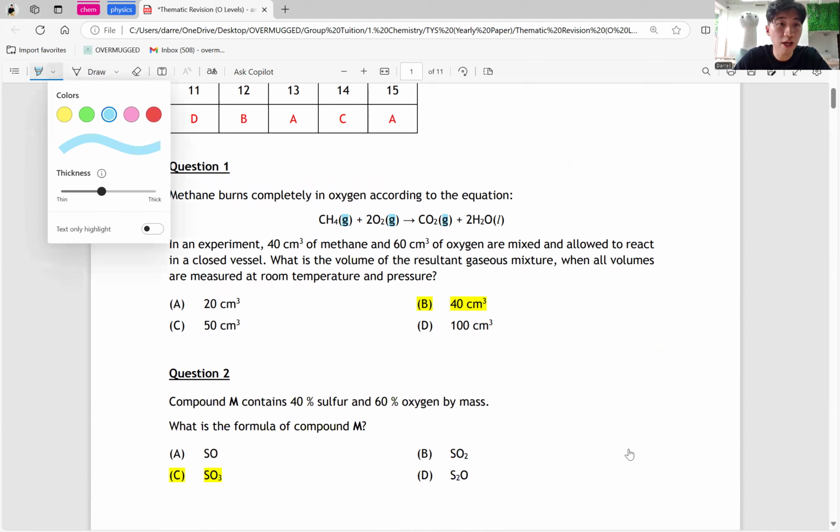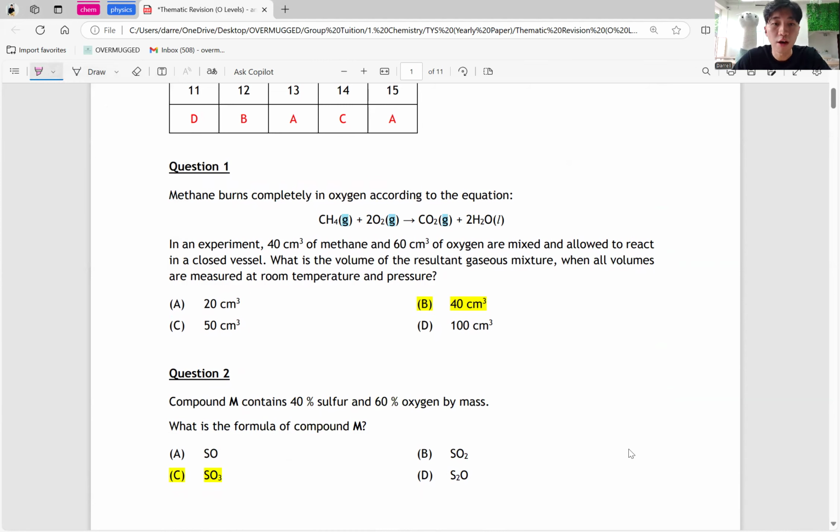Next, I want you guys to focus on the wording over here, volume of the resultant gas mixture. Another way questions like to frame this or to term this is what is the volume of remaining gas. Now, why is this portion here so important? It's because only after you recognize that, okay, there is volume of remaining gas, okay, what are they testing me for?